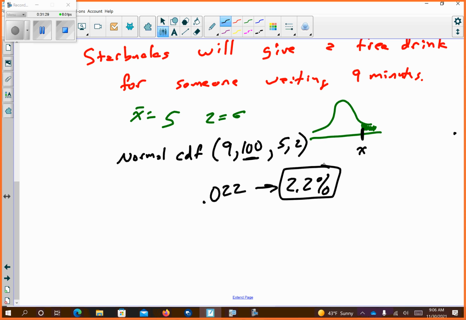If a tall costs about $3, you spent $9 for a drink, it took longer than 9 minutes, so you get a coupon, and you kind of feel gypped now, don't you? So at Starbucks, 2.2% of the time, a customer is going to have to wait longer than 9 minutes for a drink.